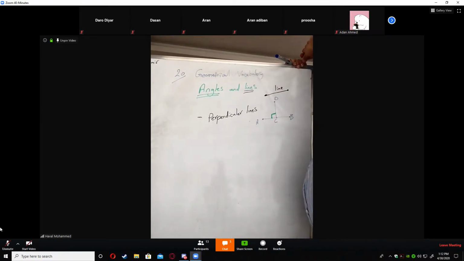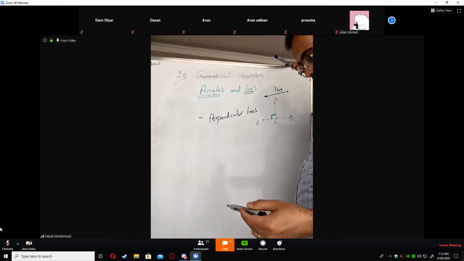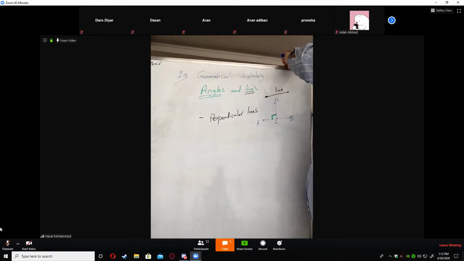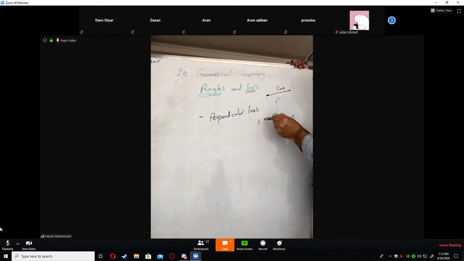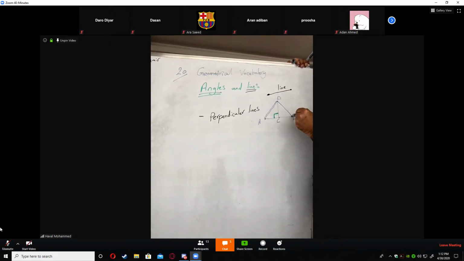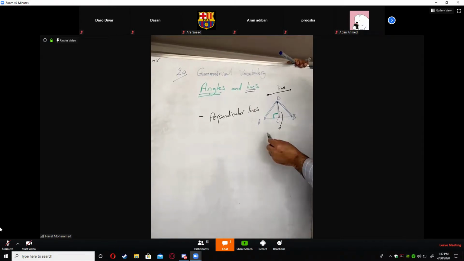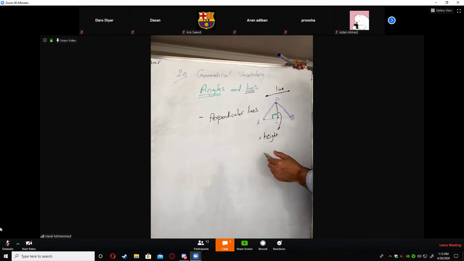Next, I'll talk about parallel lines. Before I go to that, look. If I complete this as a triangle, what we call CD, this one, we're going to call the height of the triangle, which is the same as altitude.